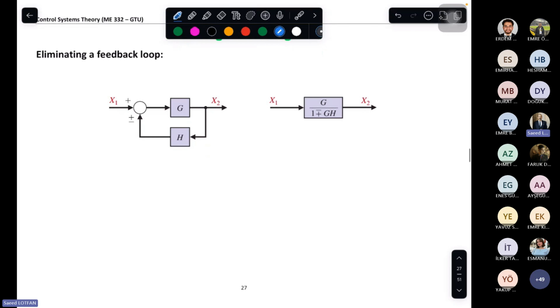And we have the feedback case. How can we simplify the feedback case? We call this signal here SA, the actuating signal. What is SA, if you can see? SA is X1 plus minus X2H, because this signal here is X2H, if this is X2.